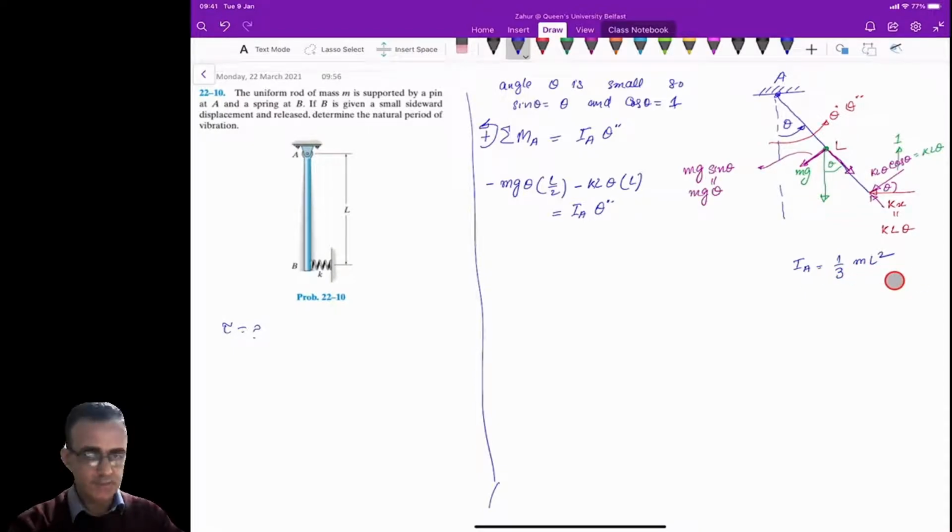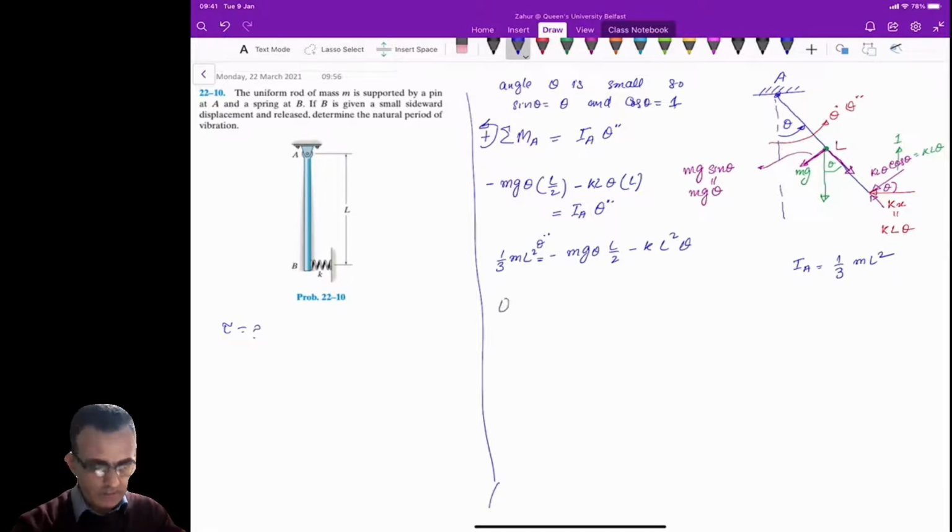So now you can simplify this equation. So 1 over 3 ml square, and this is the equation that we have here. theta double dot is also here.